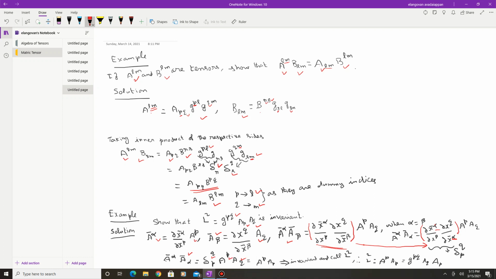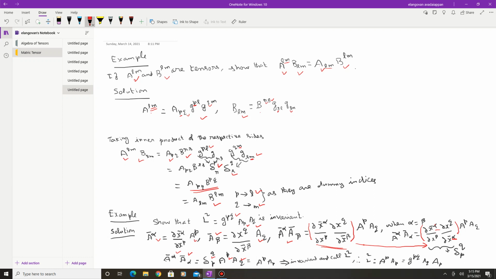So this is a non-vanishing value only when Q is equal to P. So you can replace Q by P. So this becomes AP, AP. So this is a contravariant vector A alpha bar in the bar system, and A alpha bar is a covariant vector in the bar system.